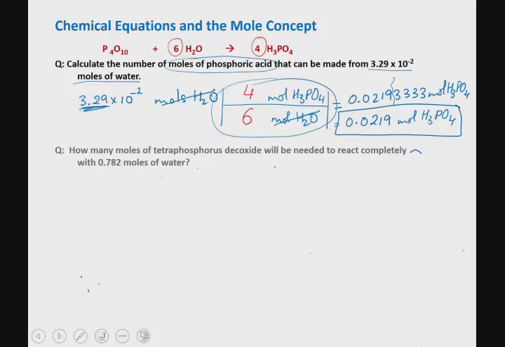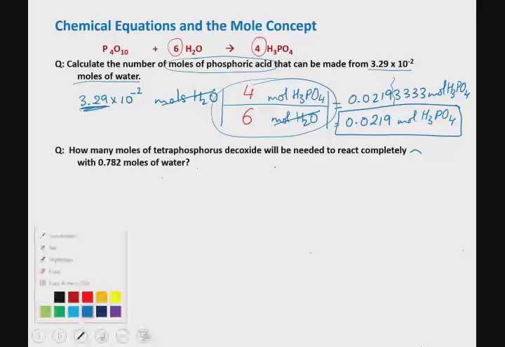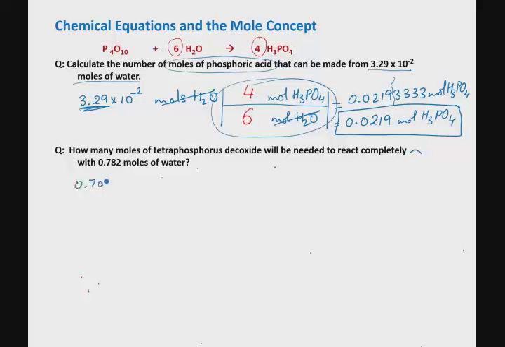So here's another one. Please go ahead and pause the recording and try and set it up on your own. Okay. 0.782 moles of water this time have to be converted to moles of P4O10, so moles of water goes in the denominator so that we can cross it out.